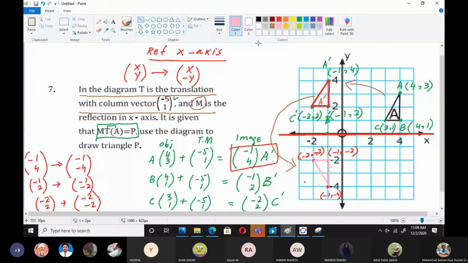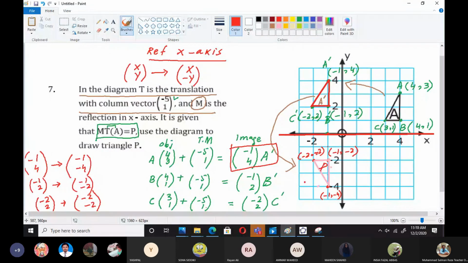So this is it. And what I'm going to get is a P over here. So I am going to write P over here. So the question is completed.